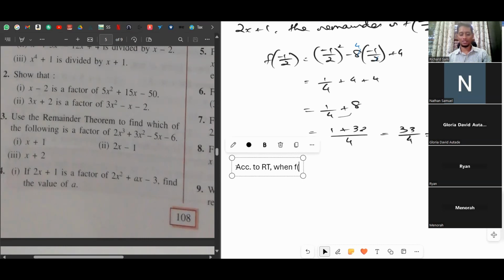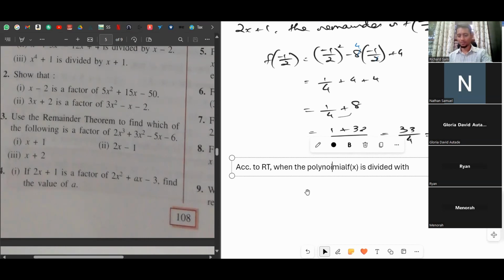When f of x is divided with... what? f of x is the polynomial. So you can write, when the polynomial f of x is divided with x minus 2.